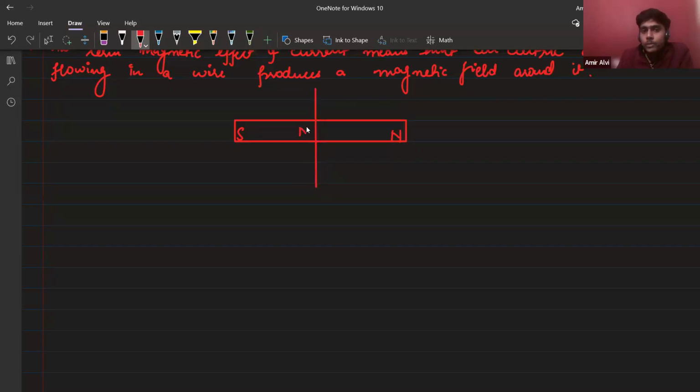Here a North Pole will be generated and here a South Pole will be generated. So every magnet has two poles. If you break that magnet into two parts, a new South Pole and new North Pole will be generated to balance out the poles. Clear? Yes, sir. Okay, so these are the basics of the magnet.